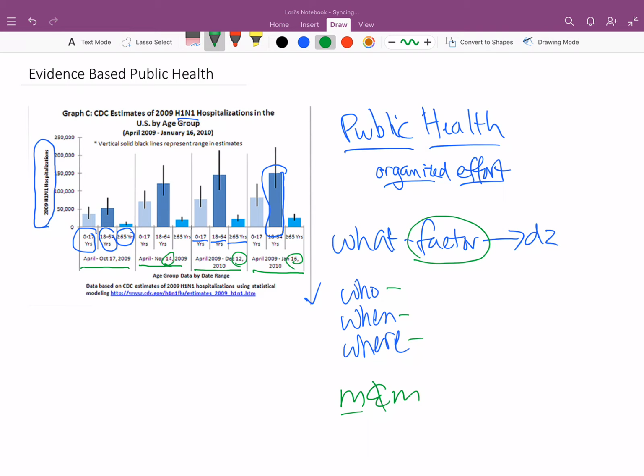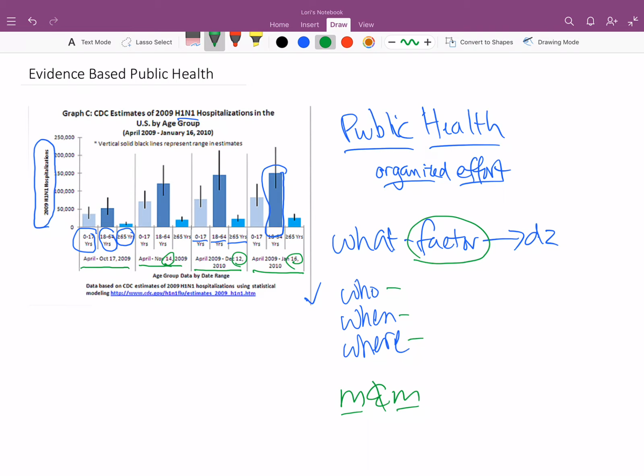Morbidity being how many people are sick, mortality, how many people died. So we're thinking about what's causing the disease, how is it distributed among the population, and how much this is impacting our population.